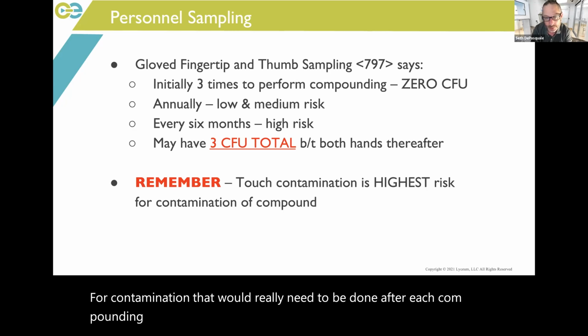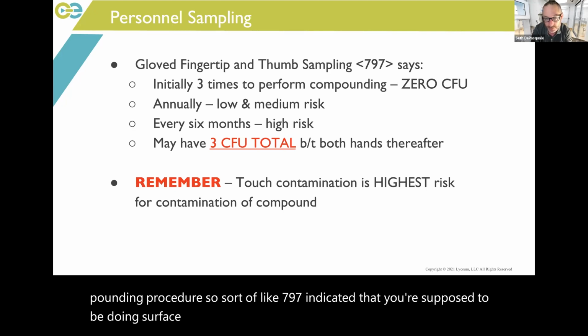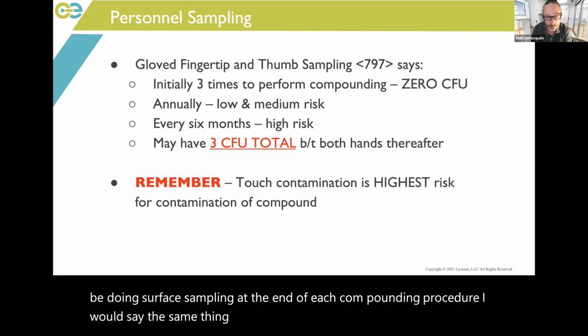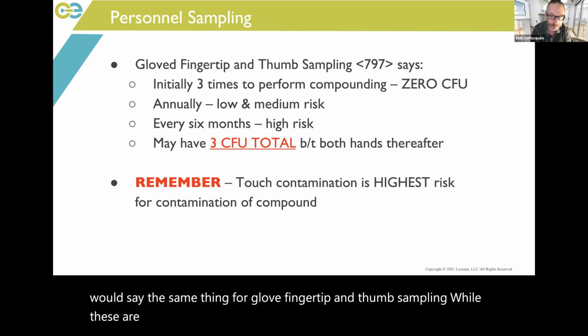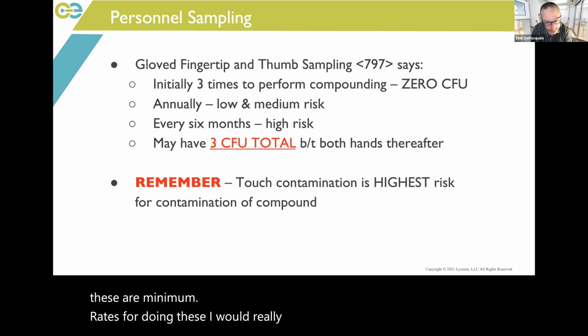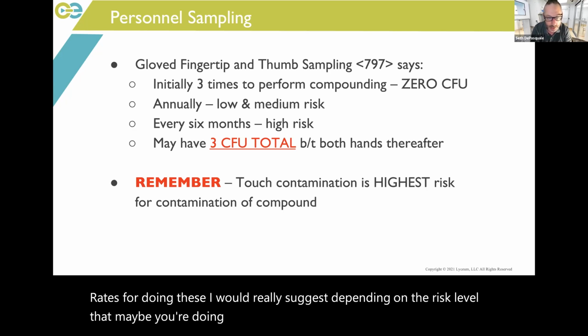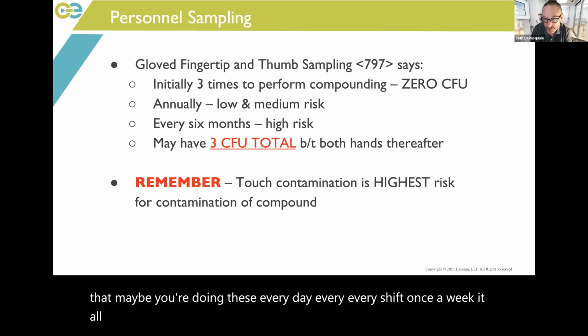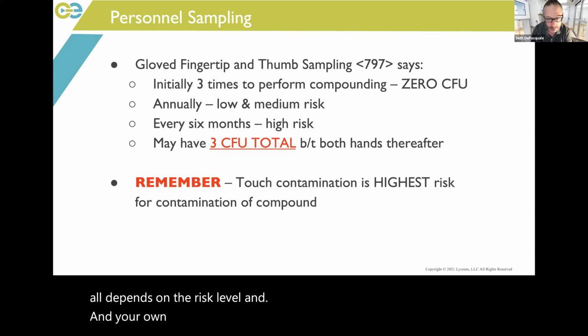So sort of like 797 indicated that you're supposed to be doing surface sampling at the end of each compounding procedure, I would say the same thing for glove, fingertip, and thumb sampling. While these are minimum rates for doing these, I would really suggest, depending on the risk level, that maybe you're doing these every day, every shift, once a week. It all depends on the risk level, and your own policies and procedures can really dictate that.